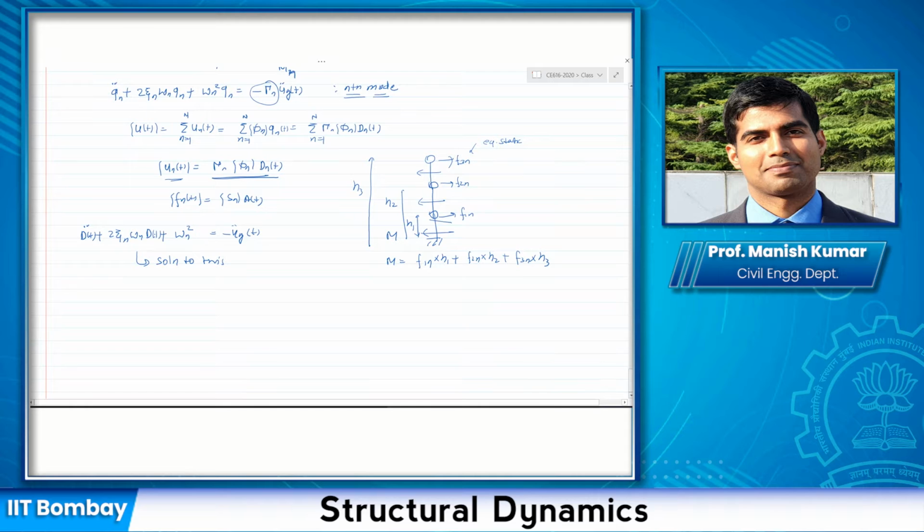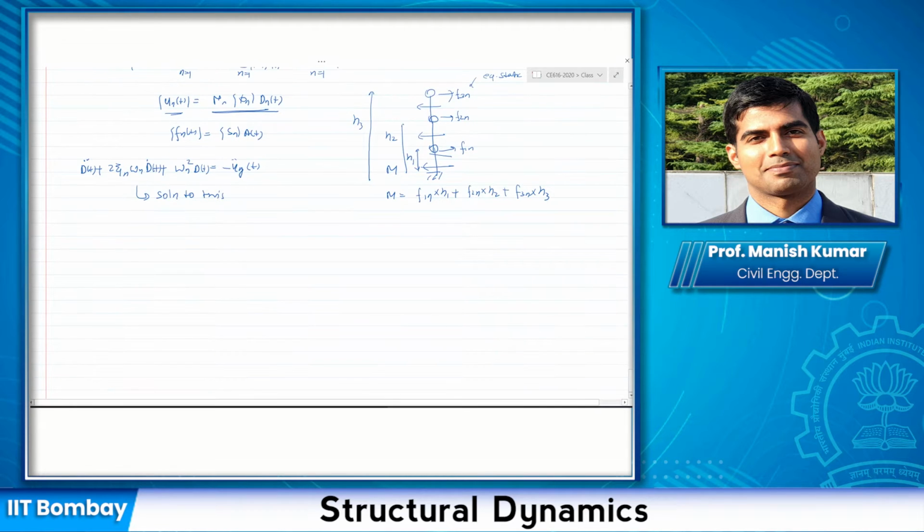What is also known to us, in fact, what is given to us is the response spectra. What is a response spectra? It is the peak value of any response quantity as a function of different time periods for a single degree of freedom system. So we are given this from a response spectra perspective.